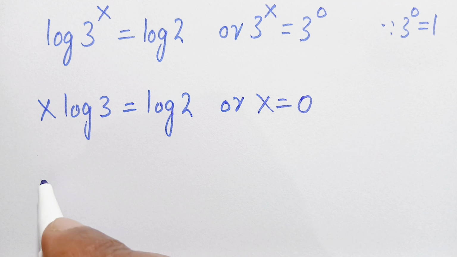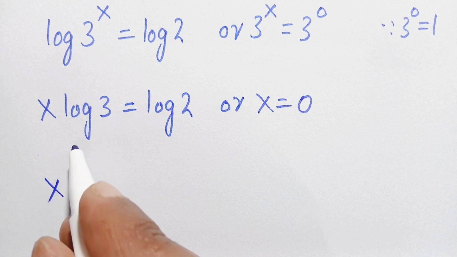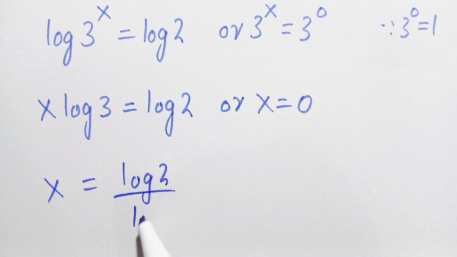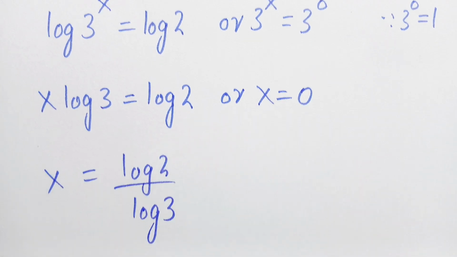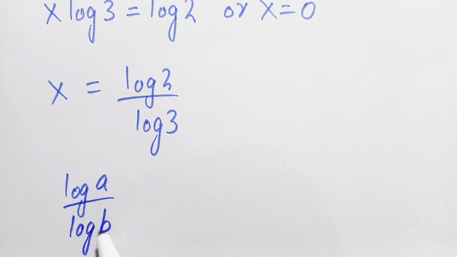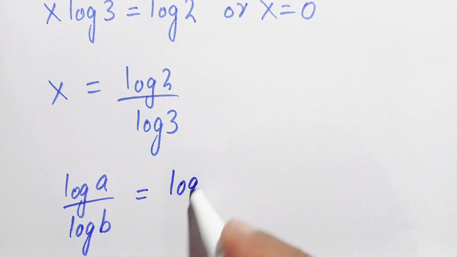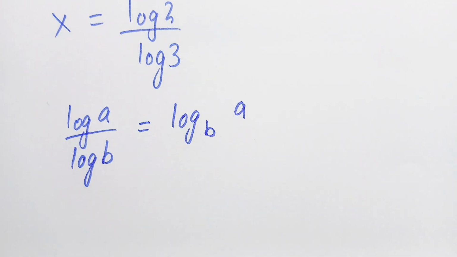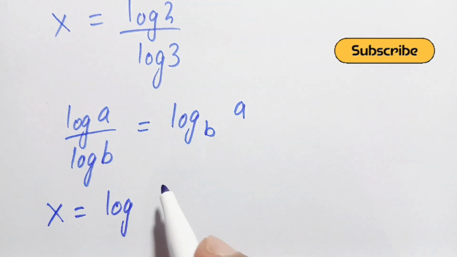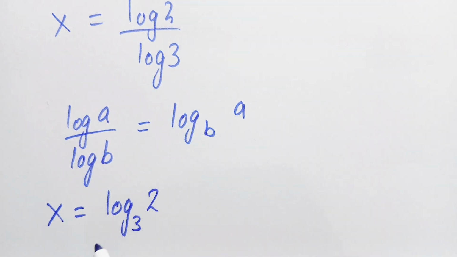And for the first, by dividing by log 3 on both sides, we get x equal to log 2 over log 3. Now, as we know that log a over log b is equal to log a to the base b, in this case x is equal to log of 2 to the base 3.